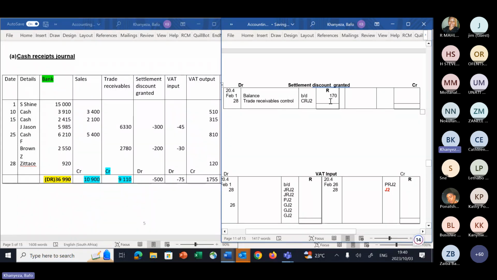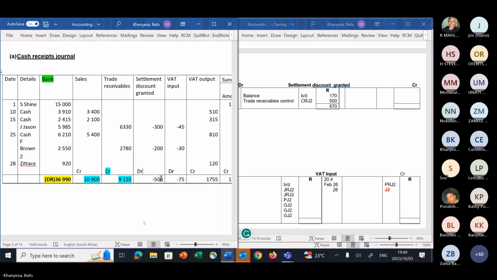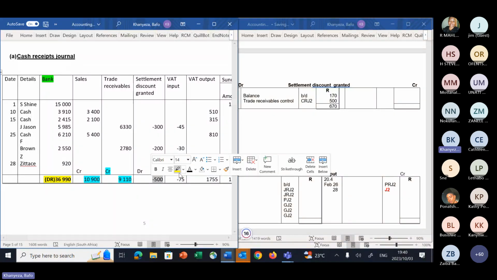Which is how much? 500. And then that's 670. So let's close it anyway, and we move on.